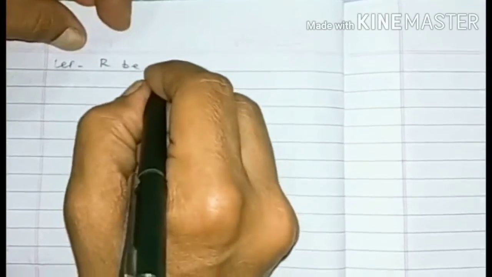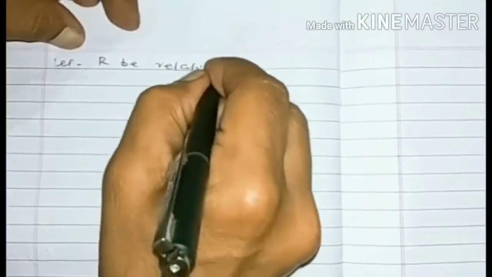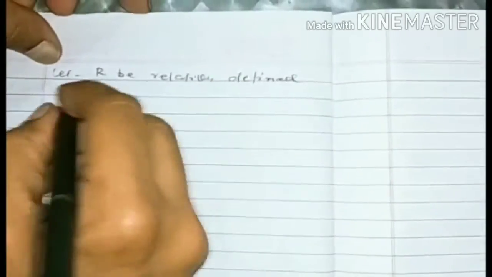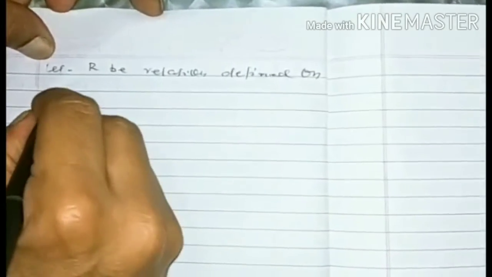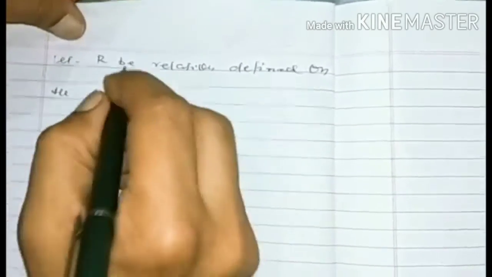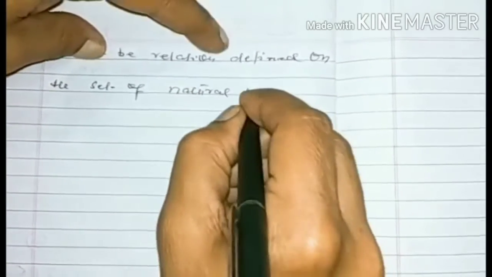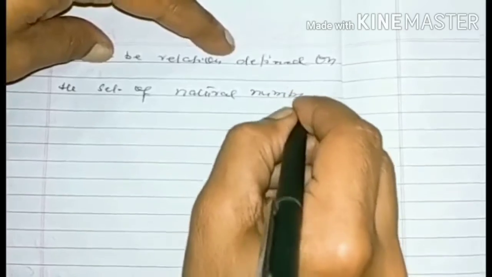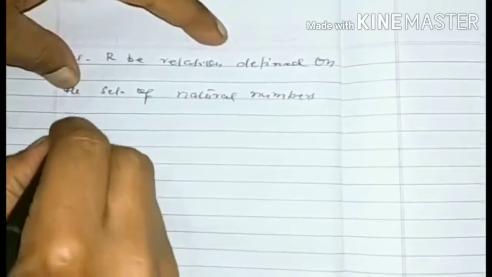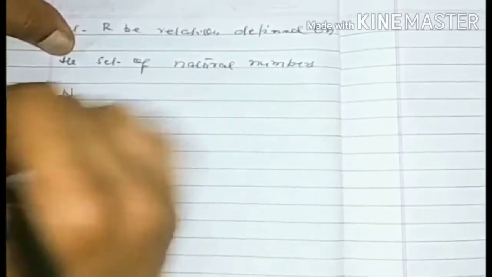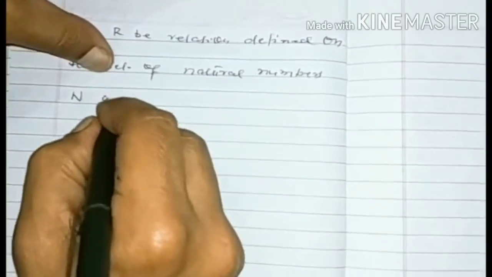Let R be a relation defined on the set of natural numbers, that is N, as follows.